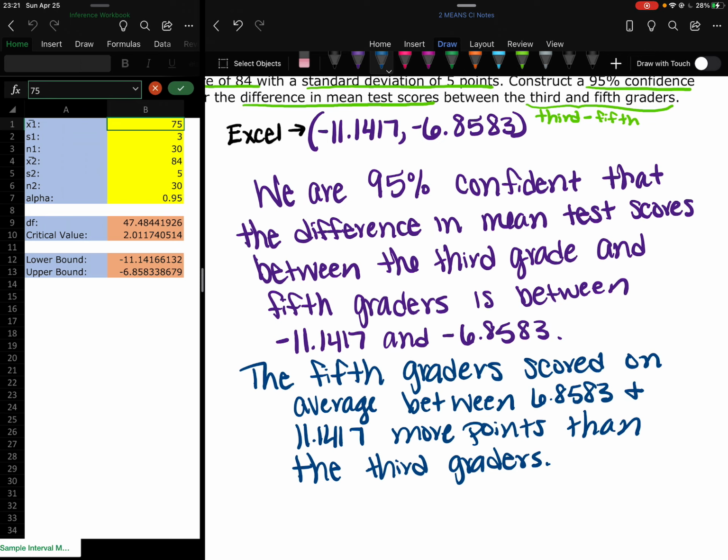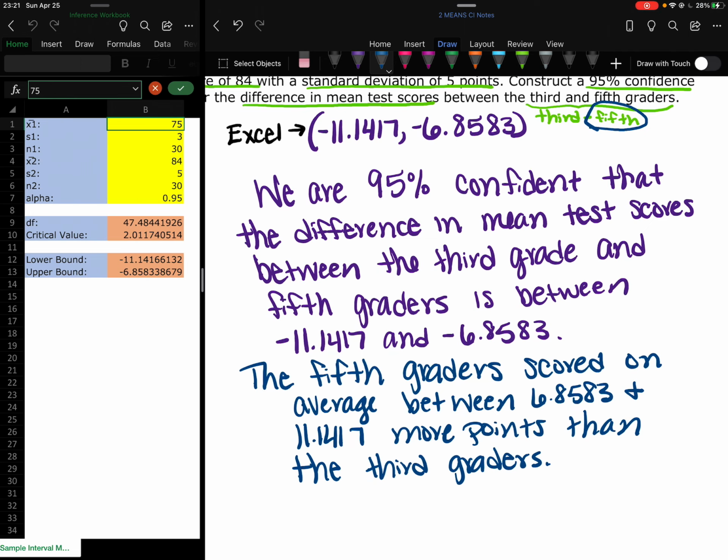Because the values from our interval were both negative, that means the second piece was higher. We did third minus fifth, so that means the fifth graders had the higher values. And the values from the interval are telling us, on average, how much higher they're scoring. So the fifth graders are scoring between about 7 to 11 more points than the third graders.